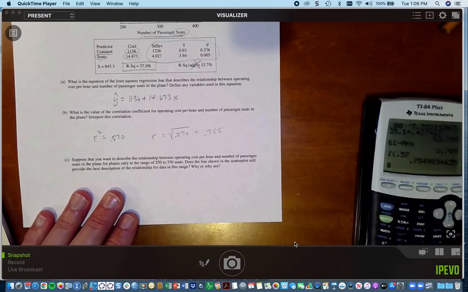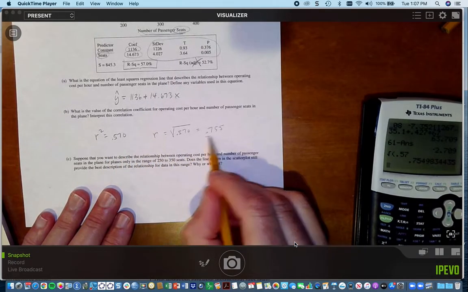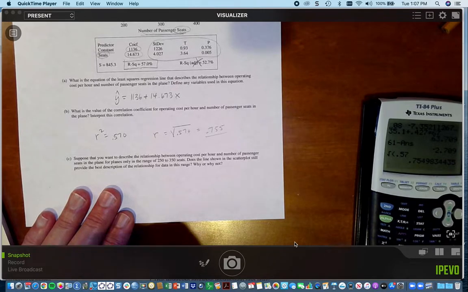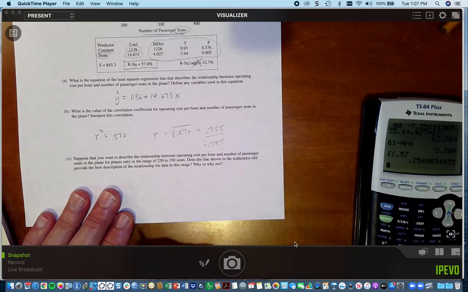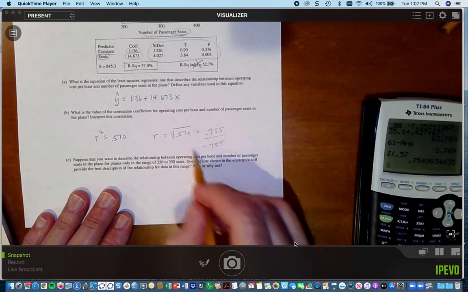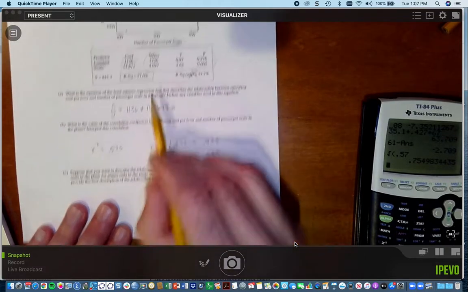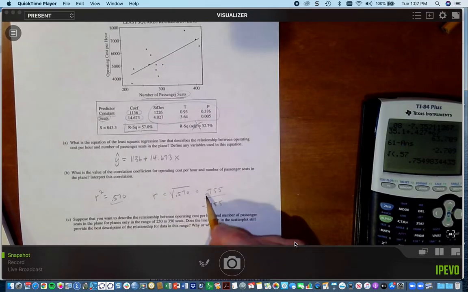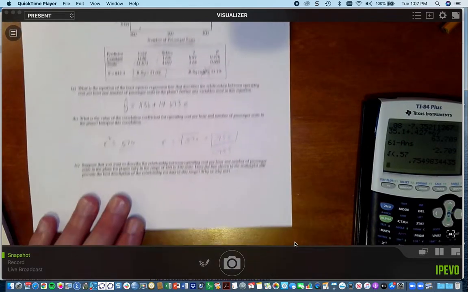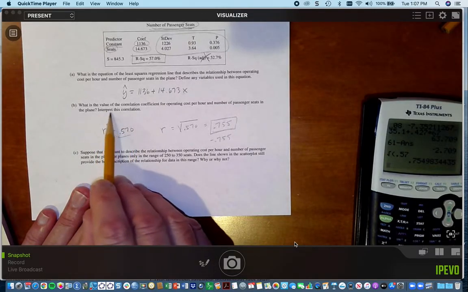Now this is a place where we have to be careful, because r could be 0.755, but r could also be negative 0.755. If you square either one of these, you're going to get 57%. However, I know that there's a positive slope here, and r and the slope have to have the same sign. So r is 0.755.